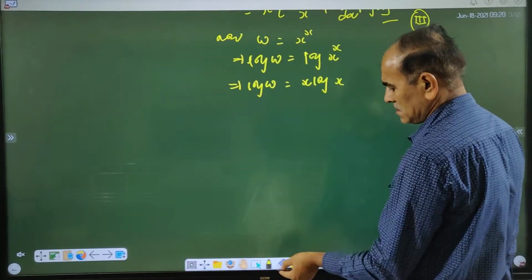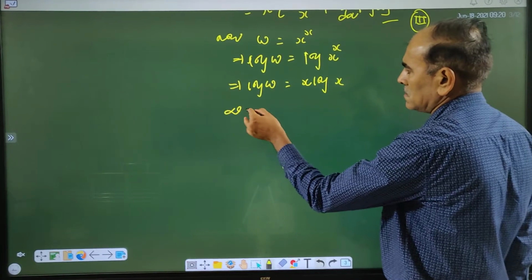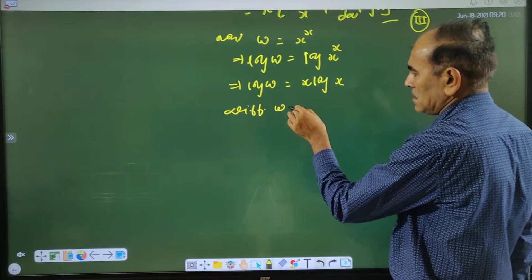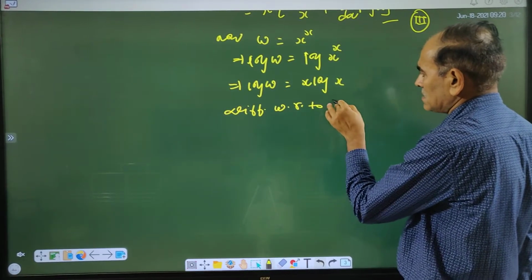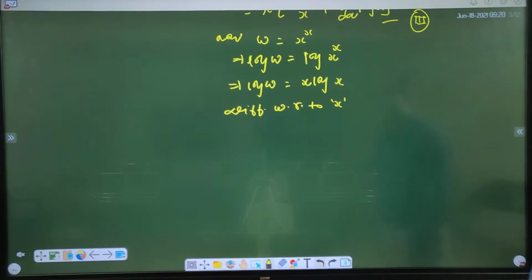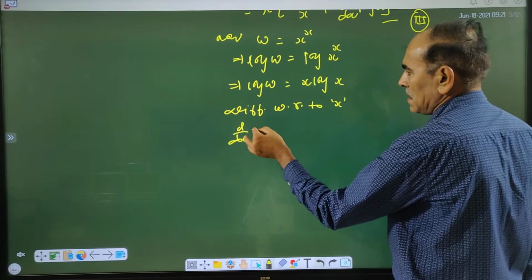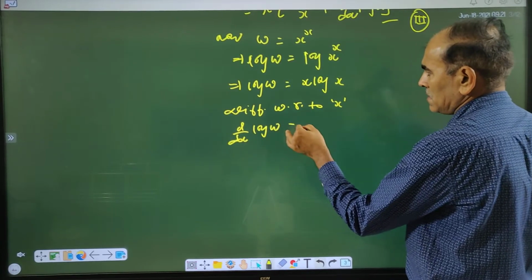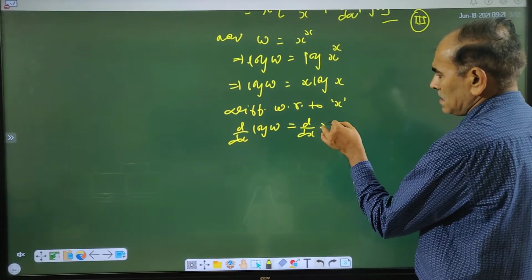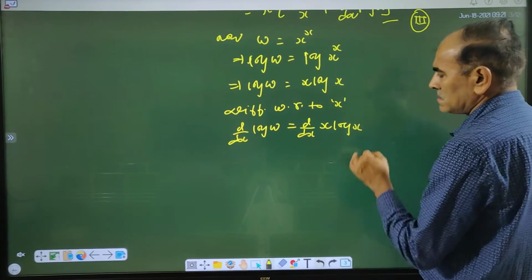So differentiate with respect to x. So what we get? d by dx of log w is equal to d by dx of x log x.